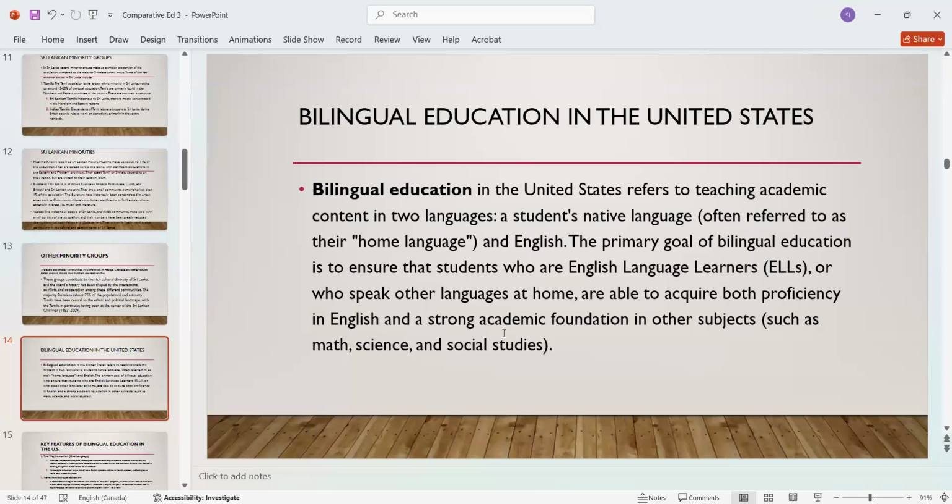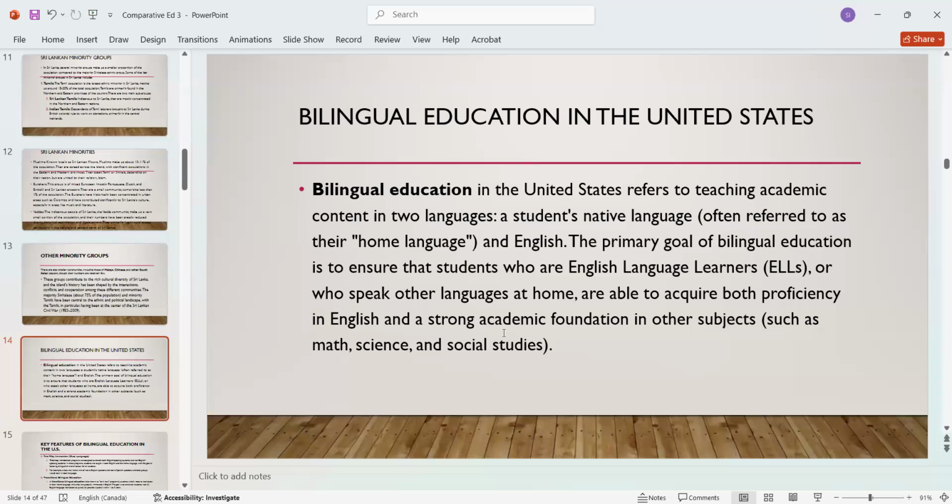The primary goal of bilingual education is to ensure that students who are English language learners or who speak other languages at home are able to acquire both proficiency in English and a strong academic foundation in other subjects such as math, science, and social studies. Right, so that bilingual education is there.